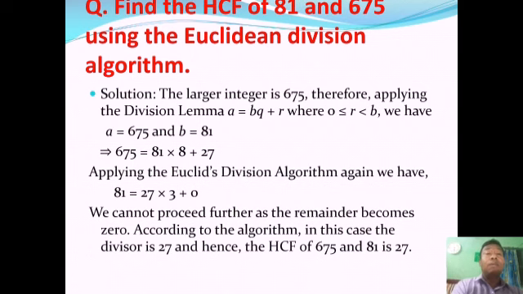Here the remainder is not equal to 0. Taking 81 as A and 27 as B, we have 81 equal to 27 into 3 plus 0. Here the remainder becomes 0. We cannot proceed further. According to the algorithm, the divisor in this case is 27, and hence the HCF of 675 and 81 is 27.